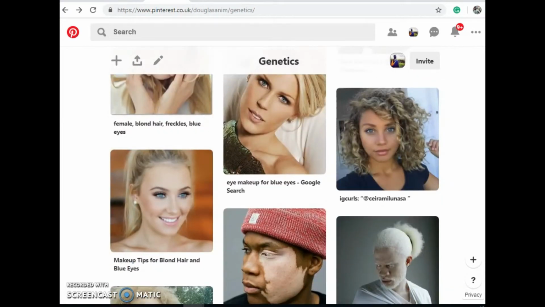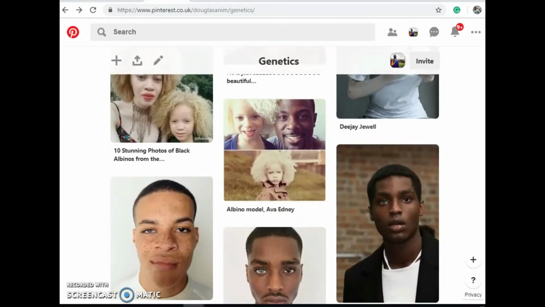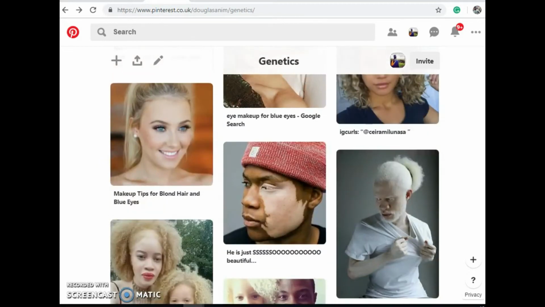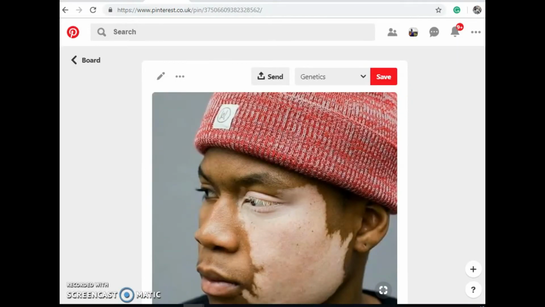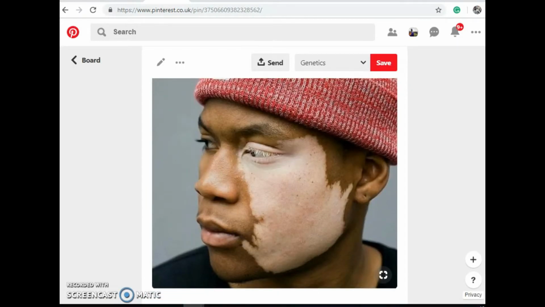Okay. We're getting interesting now. We've got a cool young chap here, and he has something called vitiligo. Vitiligo is not a disease. It's not contagious. It's not even a defect.